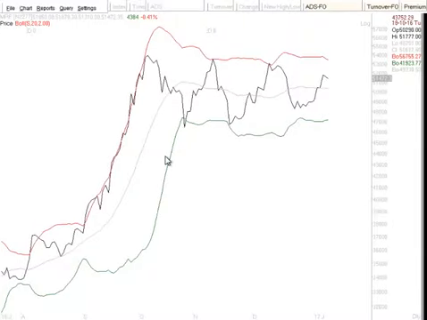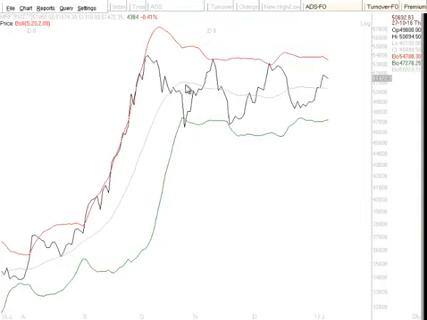Price, at times when it goes outside the band, stays outside the band, closes, is doing something away from its mean. This is the mean, the average. Mean is another word for average. You have moved quite far from your average price, so you come back to the mean. This is reversion to the mean. So whenever price goes to one end of the Bollinger Band, it generally comes back to the mean.